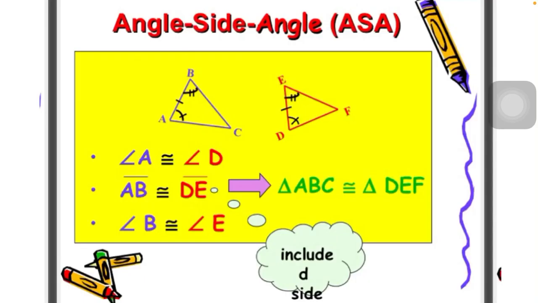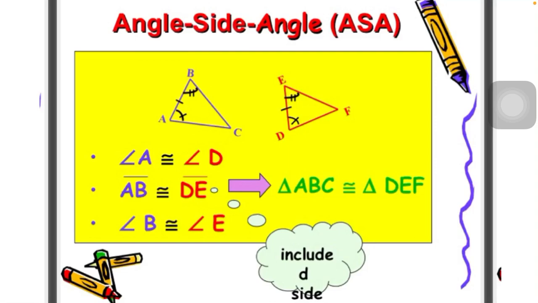Now our next one is angle side angle, just opposite to side angle side. In this one, two angles and one side is the case. When two triangles are given in front of you and there are two angles which are equal and one side which is equal, you have to check whether the side is included or not, because the condition is that the equal side should be included between the two angles.